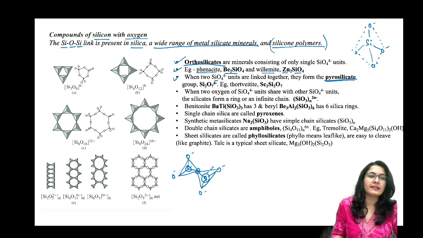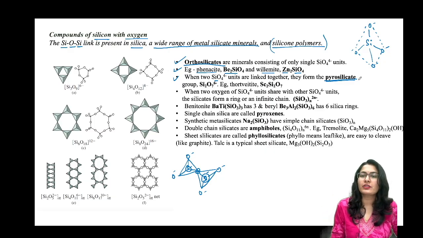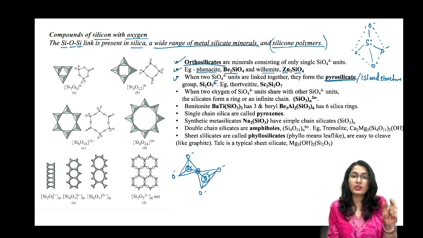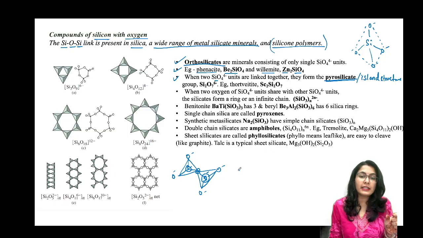Looks like islands. Okay, it is also called island structure. Island structure. Okay. For example, the formula, since there is one oxygen common now, there are two silicons, Si2. How many oxygens are there? 1, 2, 3, 4, 5, 6, 7. 7 oxygens, how many of them are minus?